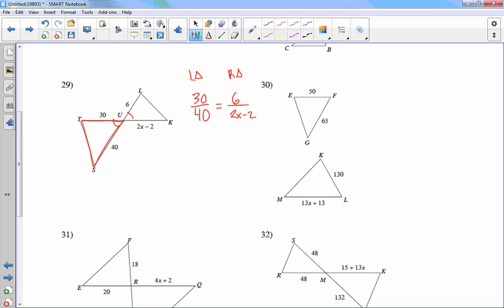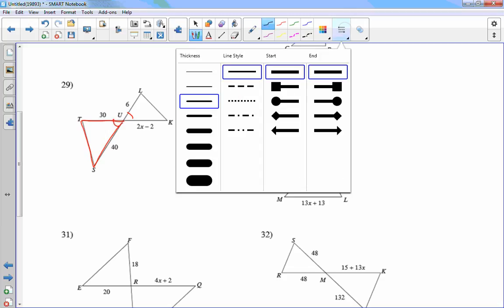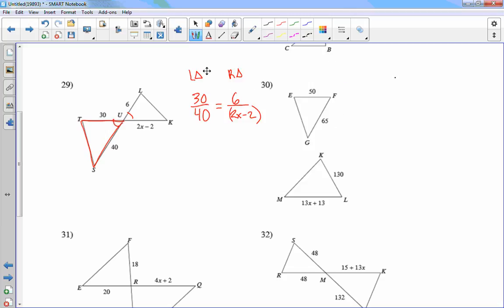Now, before you start cross multiplying, you need to put in parentheses somewhere. Where should you put parentheses? Around the binomial. Otherwise, when you cross multiply, many of you are going to get the wrong answer because you won't times the 30 to both. So when we cross multiply, it is 30 times the binomial, 2x minus 2.